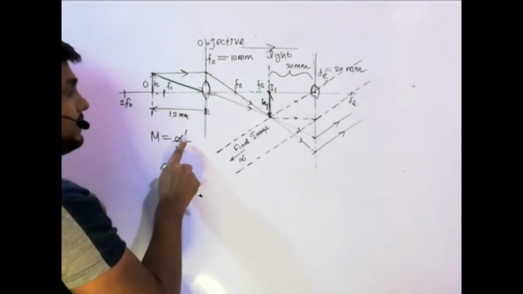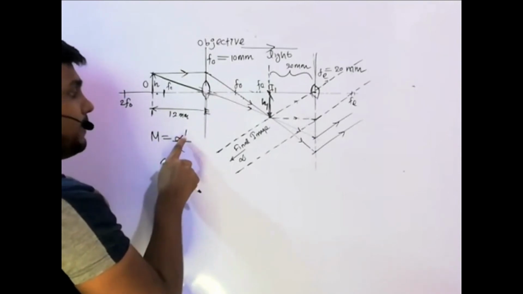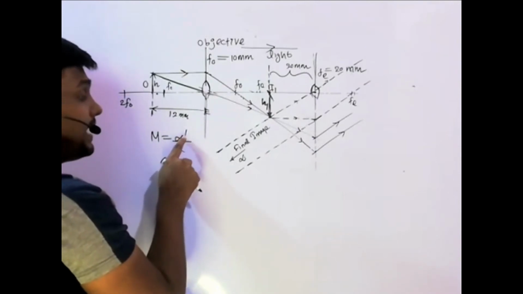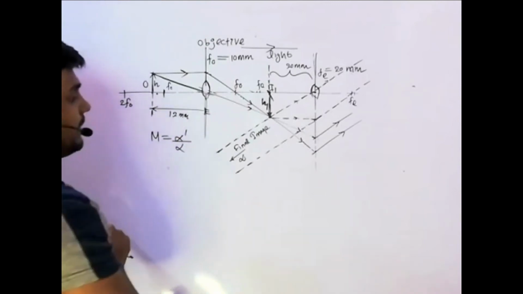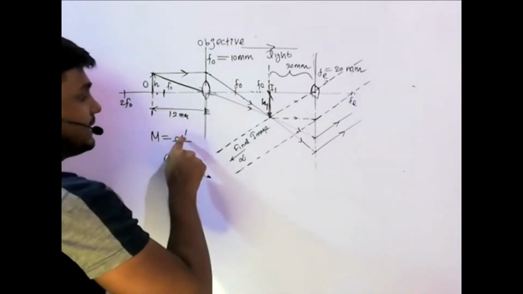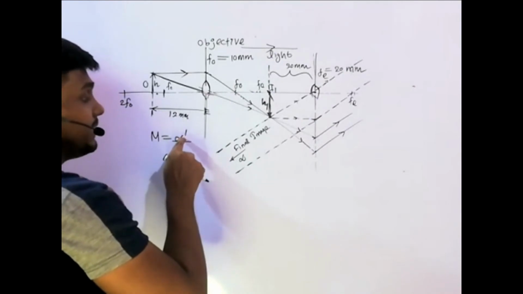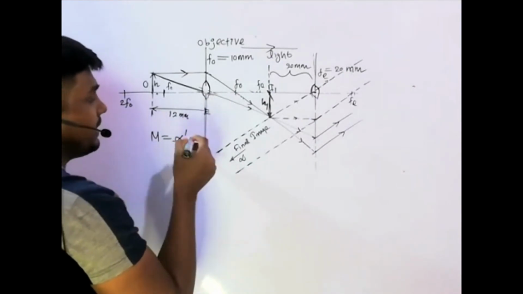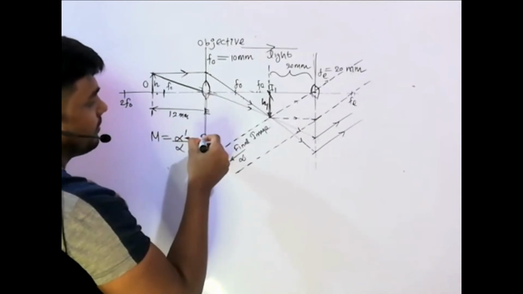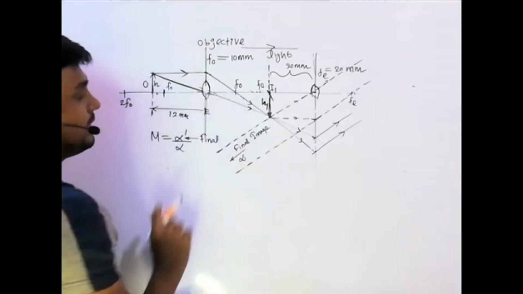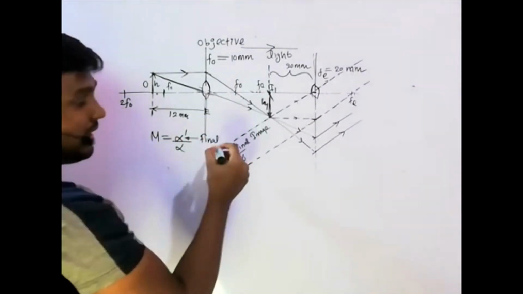I'll explain alpha dash. Alpha dash means the angle subtended to the eye by the final image. Understand?